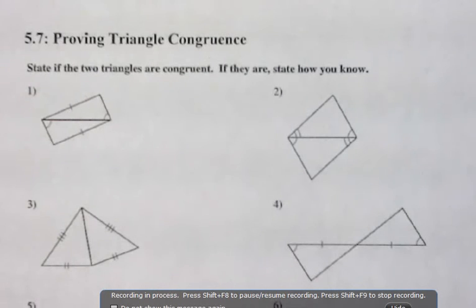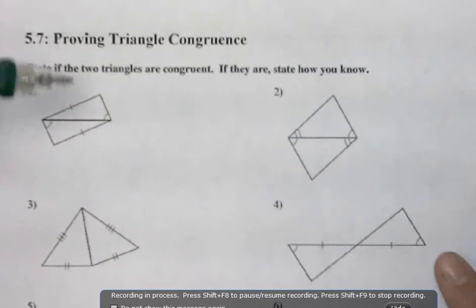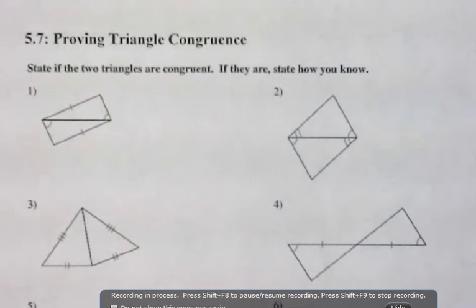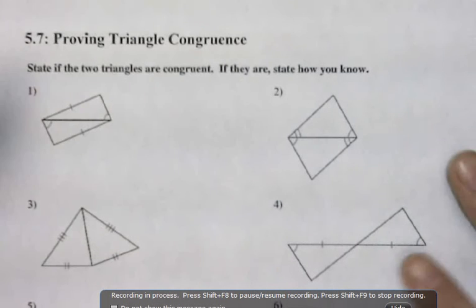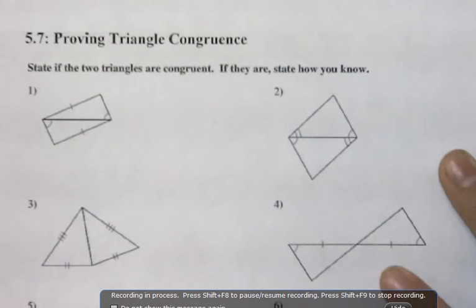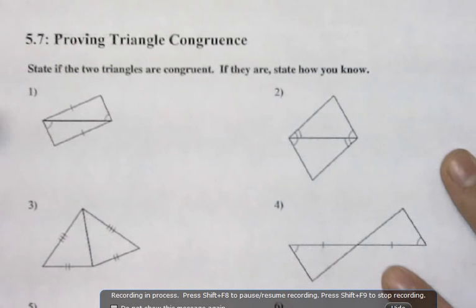So if we look at this first triangle, I see that I have a congruent pair of angles, a congruent pair of sides, and I need another congruent pair of sides, but right now none of them are labeled. So right now I just have one pair of congruent angles, one pair of congruent sides.